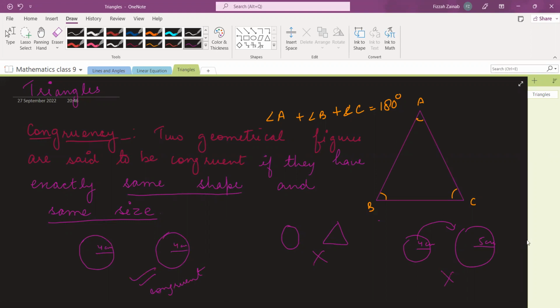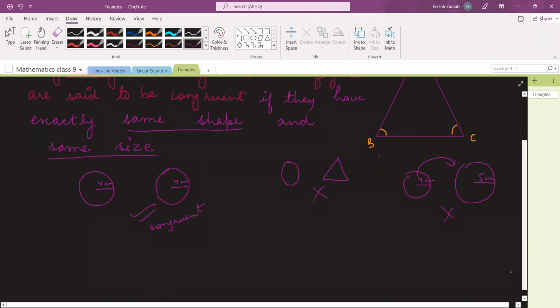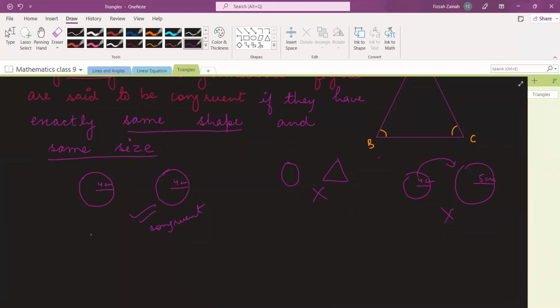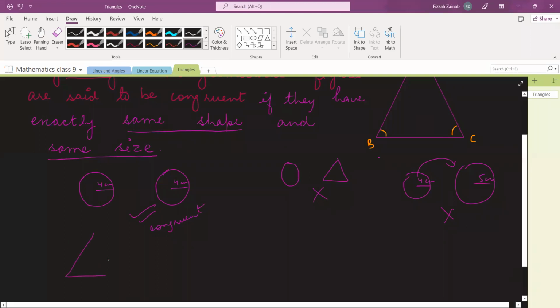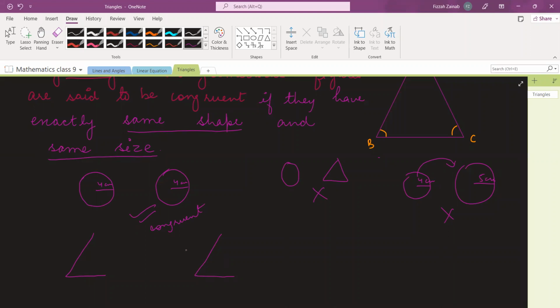Now, congruency of shapes you have understood. Now what about congruency of angles? Just understand it, it's not something very important. I have an angle and I have another angle. If I place these two arms over these two arms, they exactly superimpose each other, right?